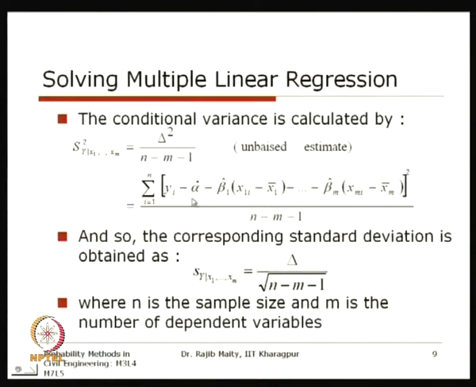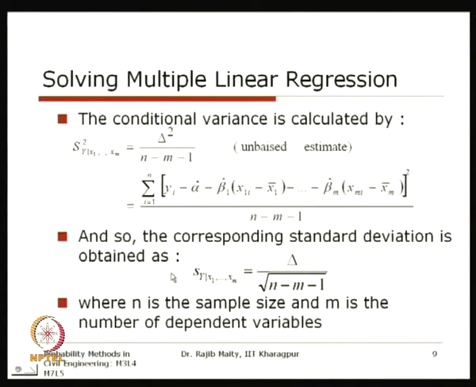Again, one more parameter, alpha hat, is being calculated. So basically m plus 1 degrees of freedom are lost. In simple linear regression there are two constants to estimate, so 2 degrees of freedom were lost there, and it was delta square divided by n minus 2. So, this is the unbiased estimate of the conditional variance of y.